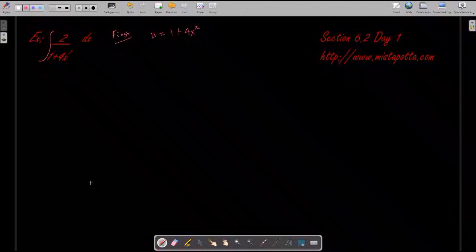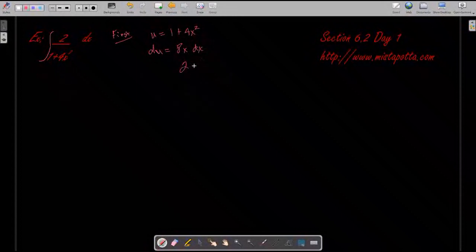And if I let u be my denominator, then du is supposed to be the derivative of that. Du in this case would be 8x dx. And all I have is 2 dx, and so this becomes 1 over 4x du.